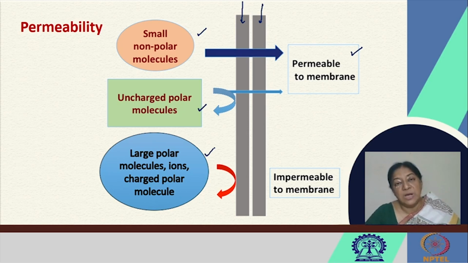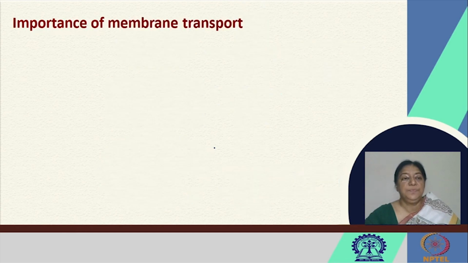However, their transfer can be effected by specific transporter proteins that would bring about the transfer from the extracellular material to the inside of the cell and from the inside of the cell to the outside.